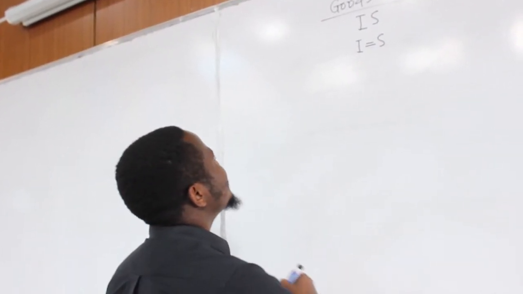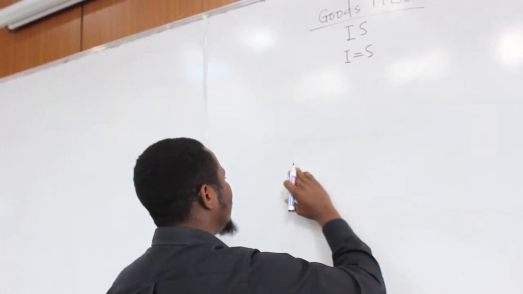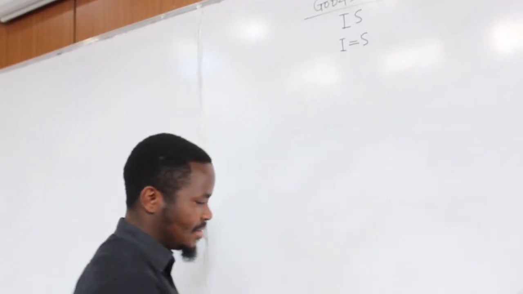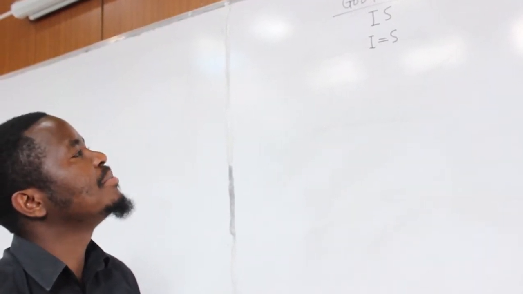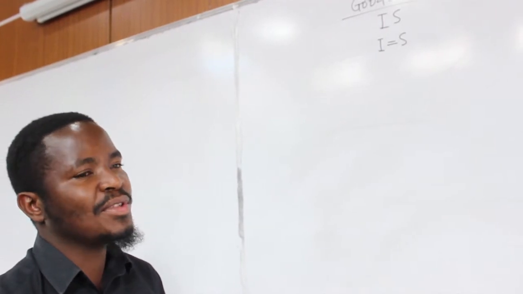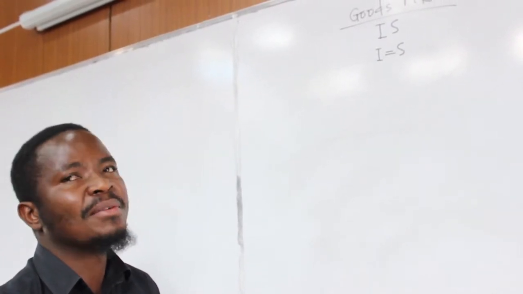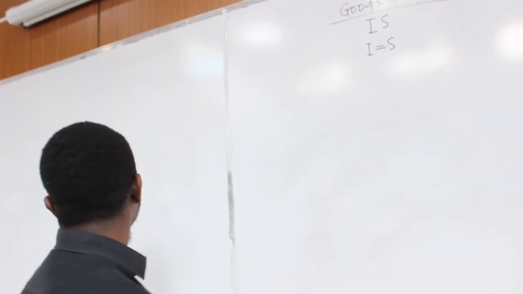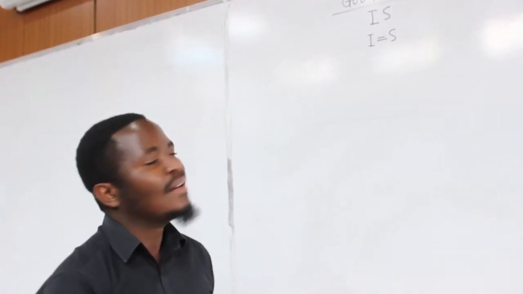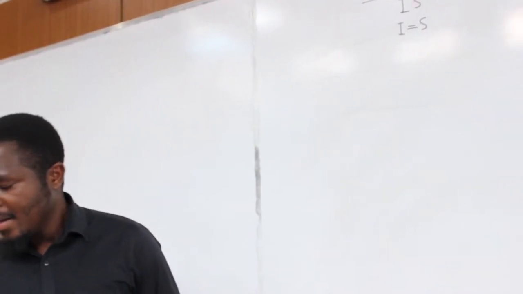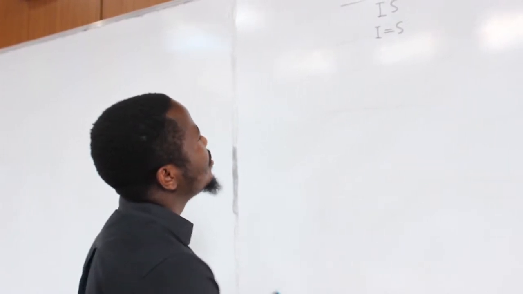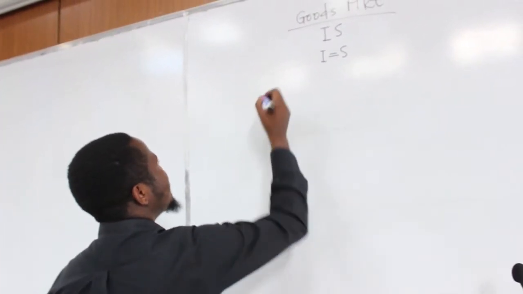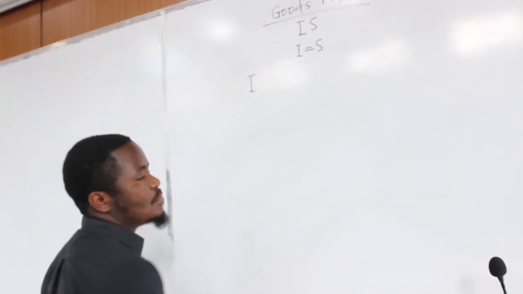So in the goods market, we can also use a graph to explain the IS, or the goods market, or the equilibrium levels where investments are equal to savings. First of all, we shall look at the investment function once more.